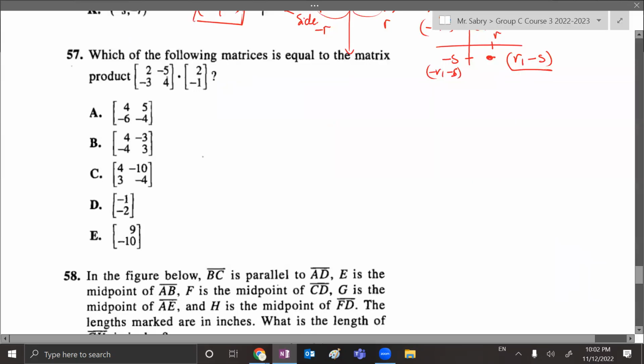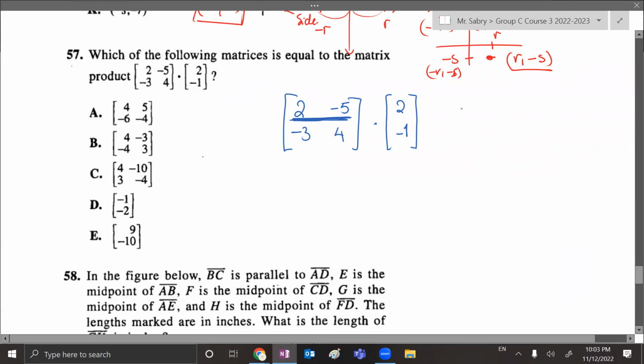Now in matrices, when we multiply, I told you that we multiply the rows with the columns. So we'll start with the rows first and then multiply by the columns. I have here 2, negative 5, negative 3, and 4, and I'm supposed to multiply that by the 2 and the negative 1. So we'll start again with this row multiplied by this column. We took the upper row with the first column.